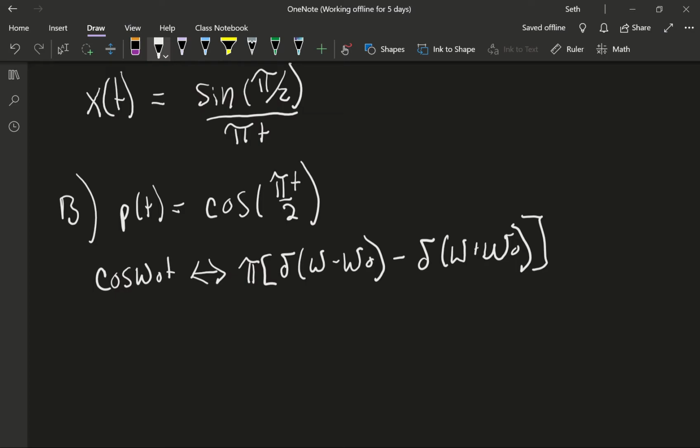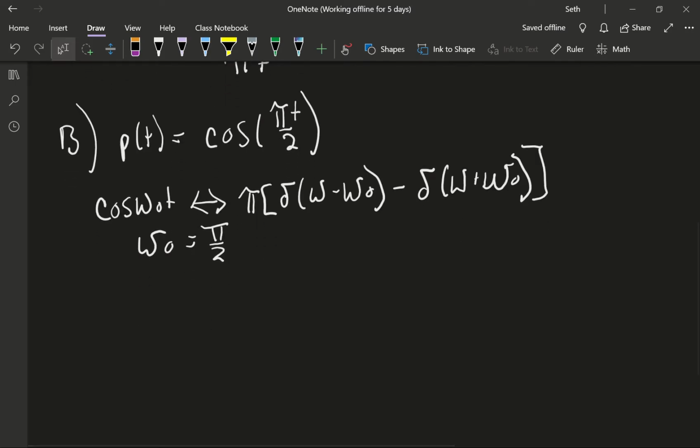In this case, omega naught is pi over 2. So these are just shifted impulses with weight pi because of the pi out front.